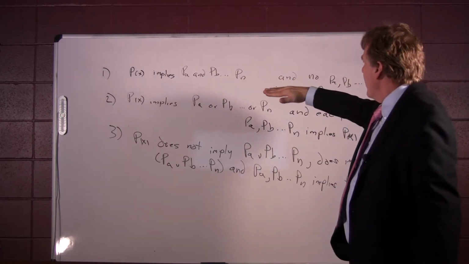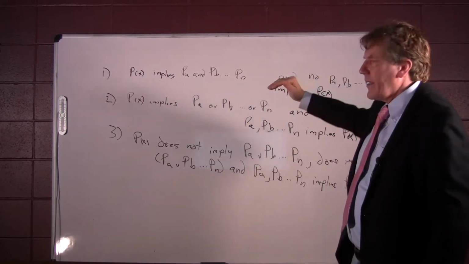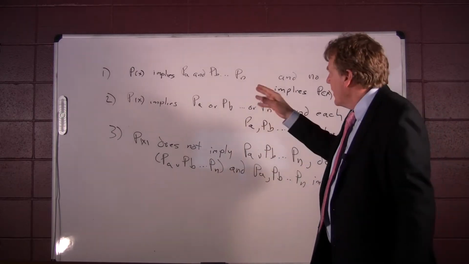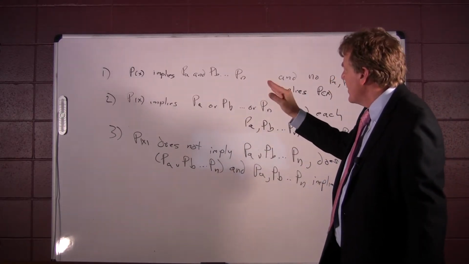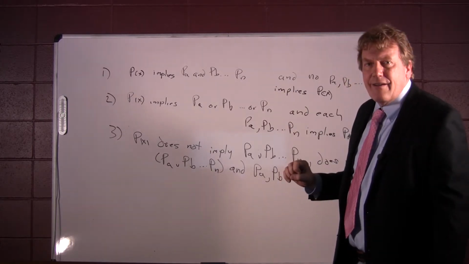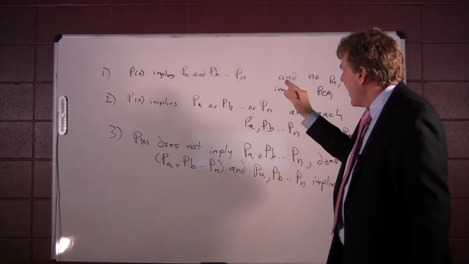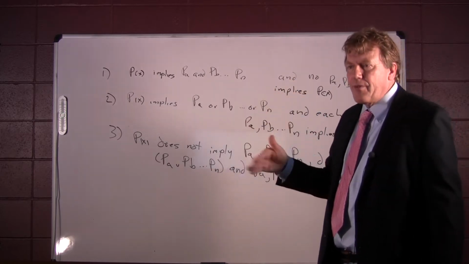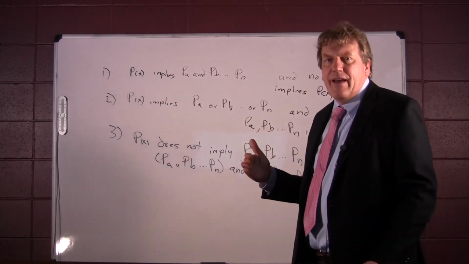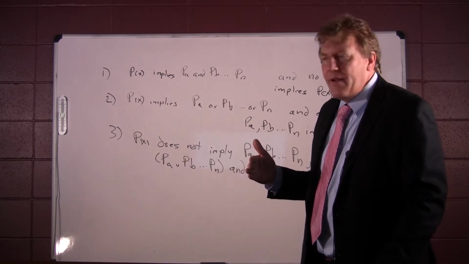But anyway, one, which is running downhill, it looks like, it says that for X, anything that has a certain property P, implies that A has that property, B has that property, up to N has that property. That's everything in the domain has that property.